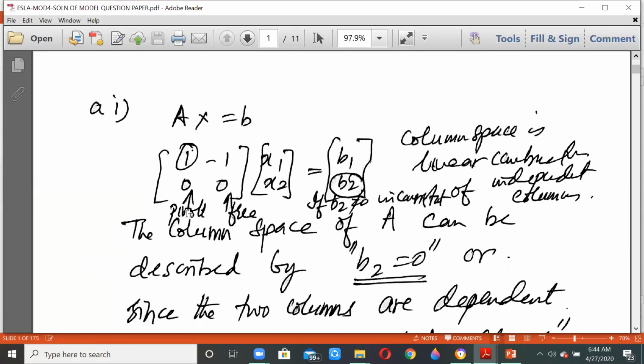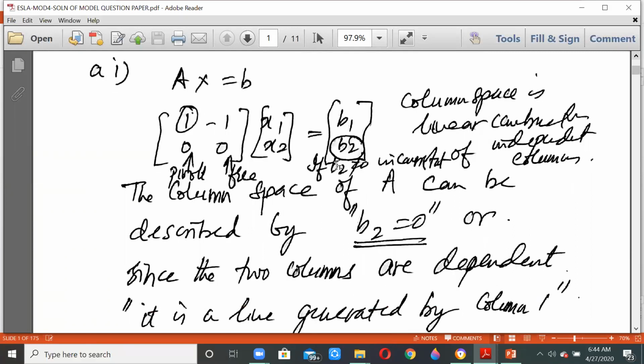Therefore, the first column corresponds to the pivot and the second corresponds to the free variable. So x1 is the pivot and x2 is the free variable. If you write Ax equal to b, because you have 0, 0 in the second row, b2 should be 0, otherwise if b2 is not equal to 0, it leads to an inconsistent set of equations.